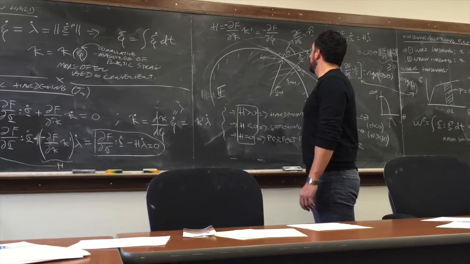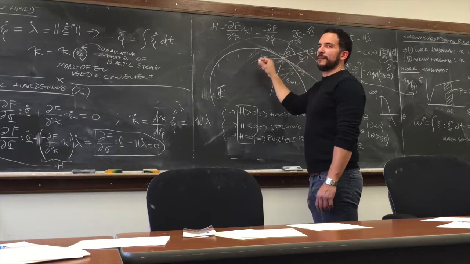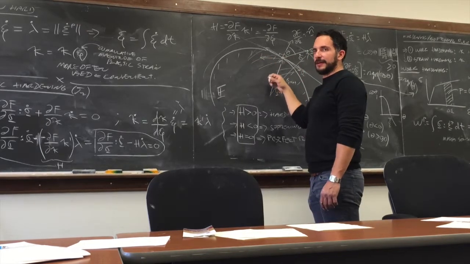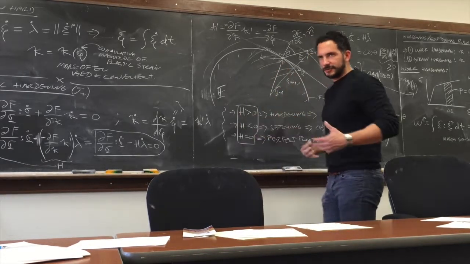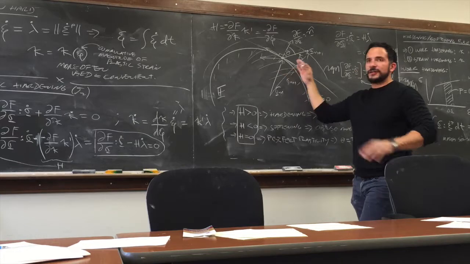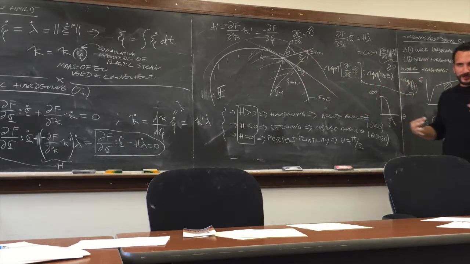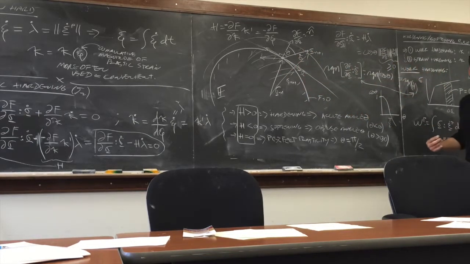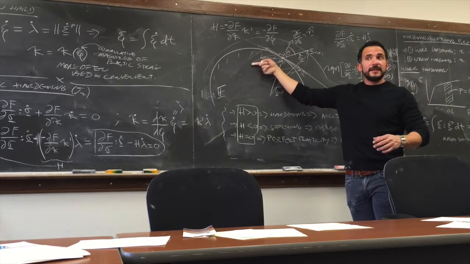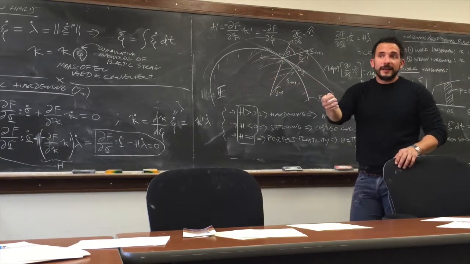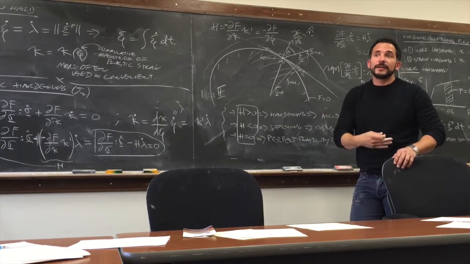So, okay, if you go in, you have two possibilities, right? You either land on a plastic state because your surface is retracting and you were always on the surface, like your surface is dragging you back, or you are decreasing faster than your surface, in which case you're in an elastic unloading.